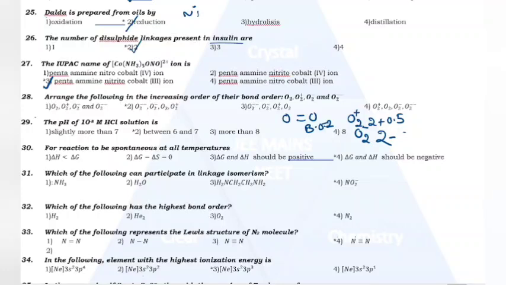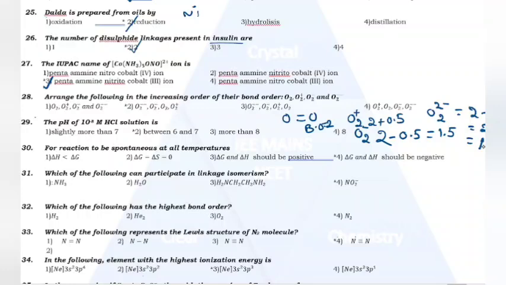Nothing but 2 minus 1, nothing but 1. So the bond order is 1 for O2 2 minus. Anyhow, they have asked for the increasing order. So 1 is less than 1.5, less than 2, and then 2.5. That means this is the correct answer, right?